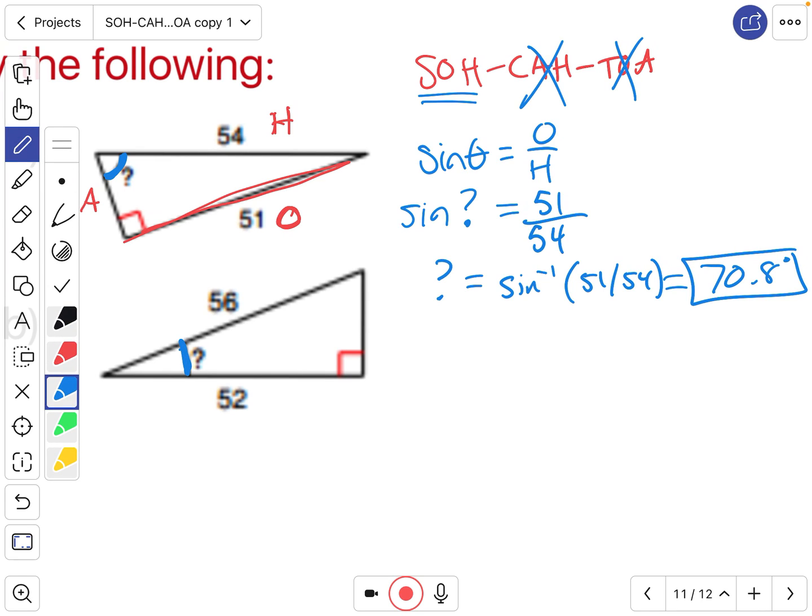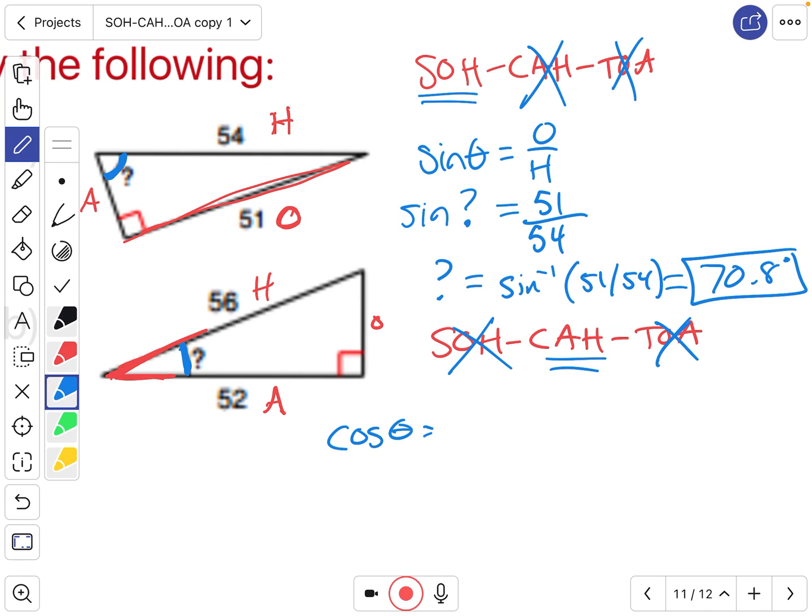All right, for the next one, notice the angle is again in the lower left-hand corner. In relationship to that angle, this 56 side would be your hypotenuse, and remember the angle is always created by adjacent and hypotenuse, so that means the 52 length has to be the adjacent. So the O is what's blank here. In my SOH CAH TOA, since the opposite has nothing on it for us to use, we're not going to need anything with O in it.